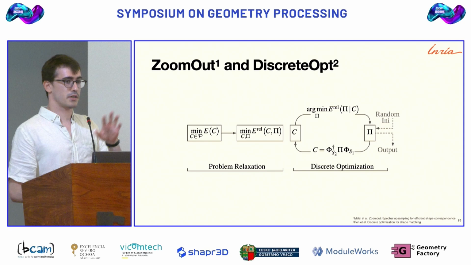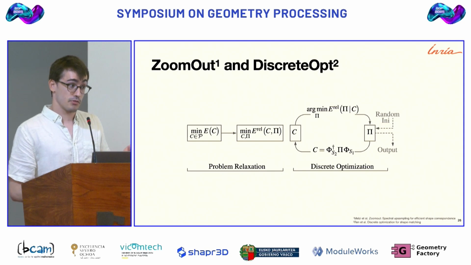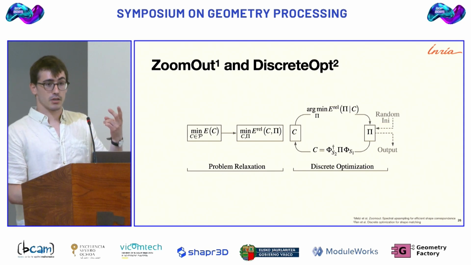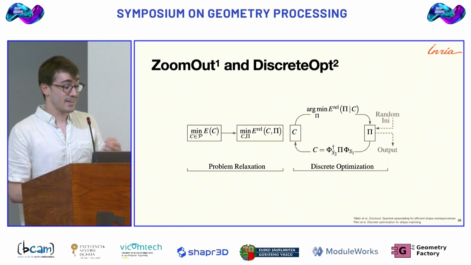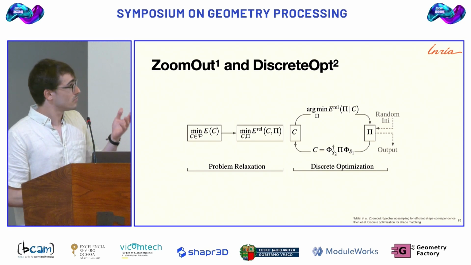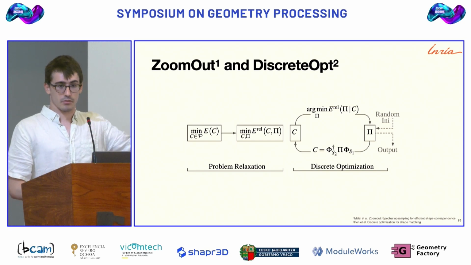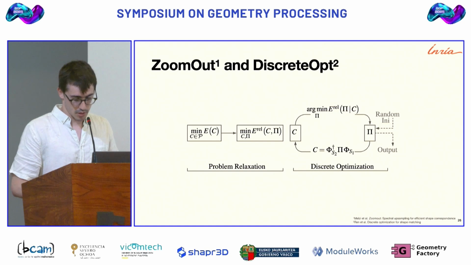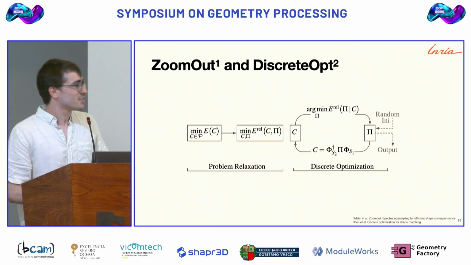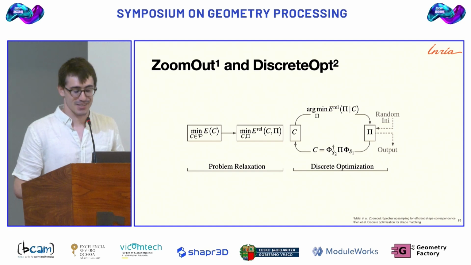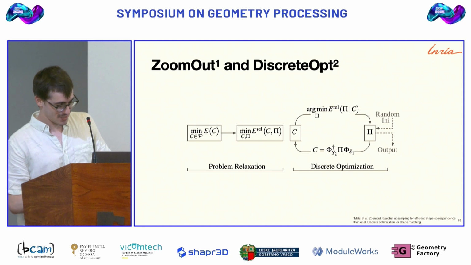Usually you just use bijectivity and maybe descriptor preservation, because if you have landmarks or any signal on your shape, you would want to put it into zoom out, and this is actually the way to go. It's slightly more involved, but it's okay.